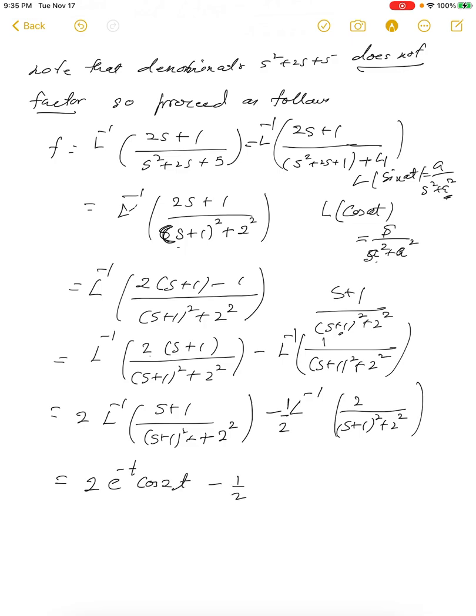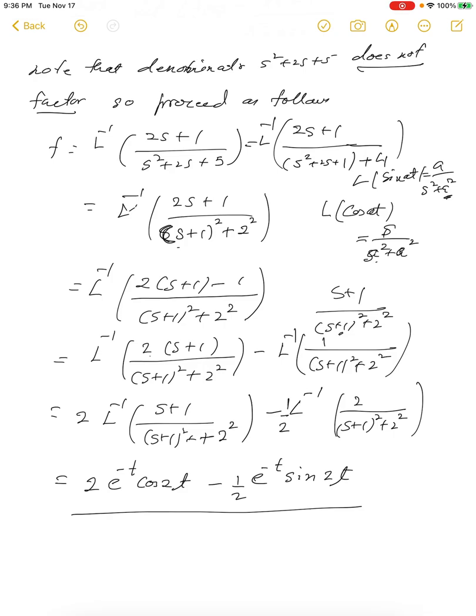And this is the same thing as the Laplace transform of sine 2t shifted by minus 1. So its inverse transform is going to be e to the minus t sine 2t. And that's going to be your solution. Well, not a solution here. We are not solving an initial value problem. This is going to be the inverse transform.